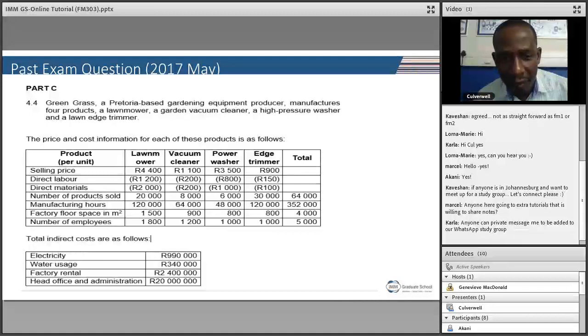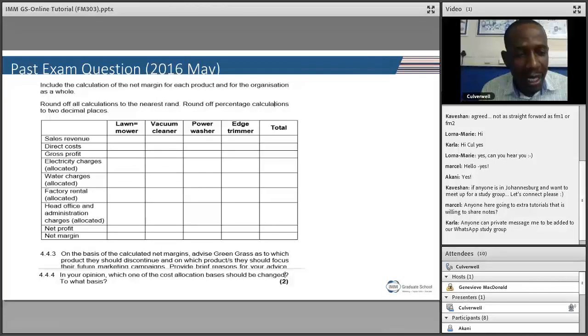You do the same for power washer and also edge trimmer. Remember, you would have written these cost driver rates on the side. So that is how one would conduct the ABC concept, the activity-based cost allocation of indirect cost.